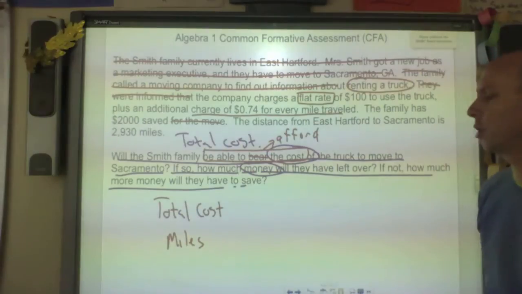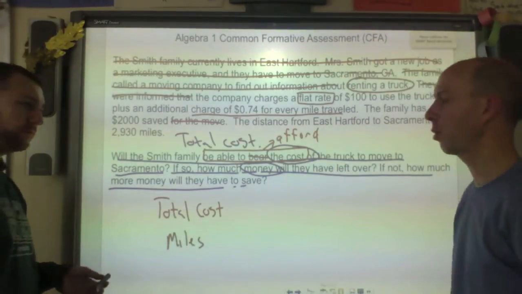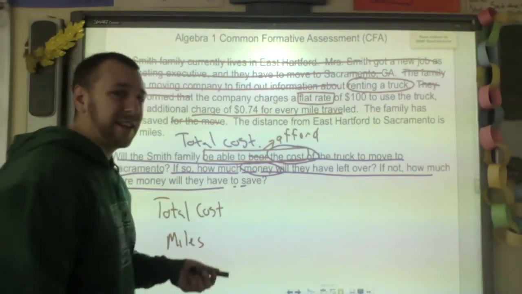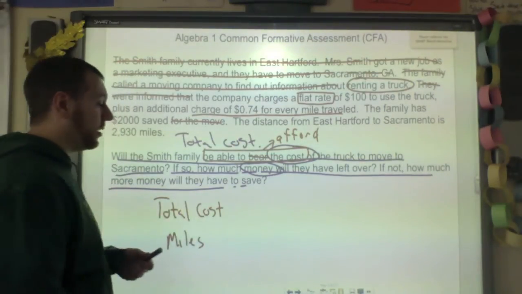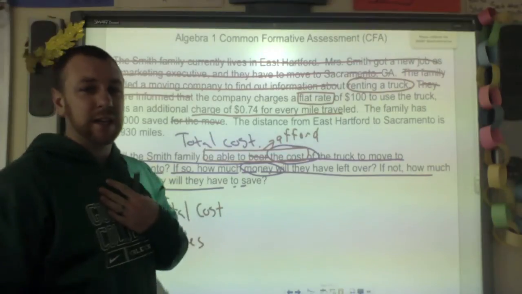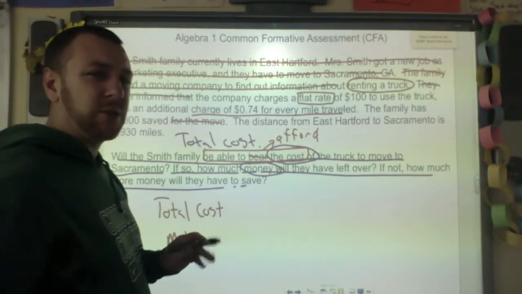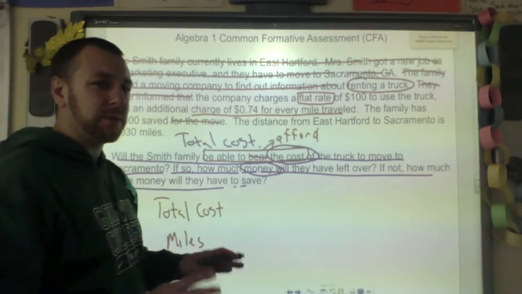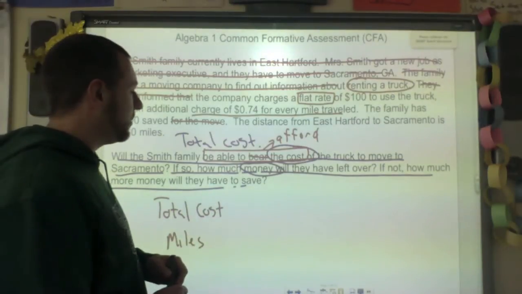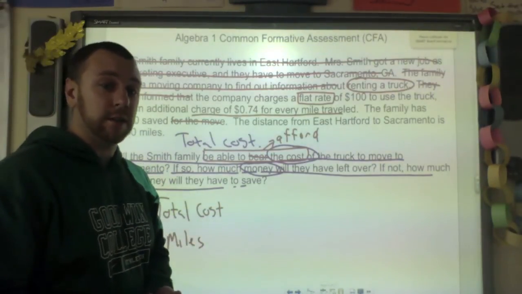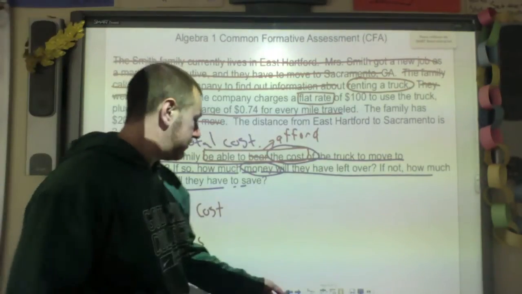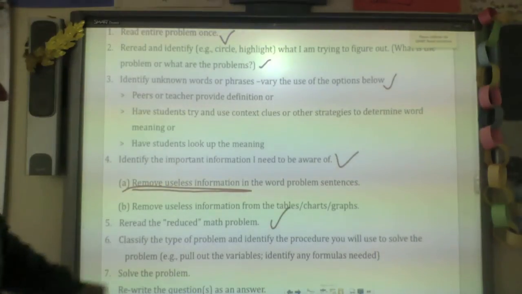So for every mile you're getting charged a certain amount of money. So that's why we know that's important. So I'm going to classify this as like a single equation thing, and you might not get to this. It's almost like a y equals mx plus b formula, but it's just a one equation formula. So we've classified it.